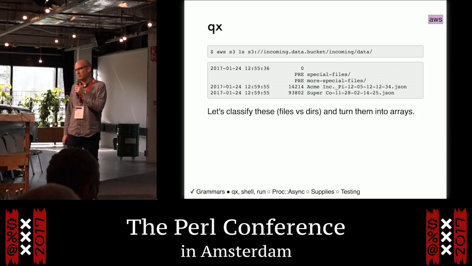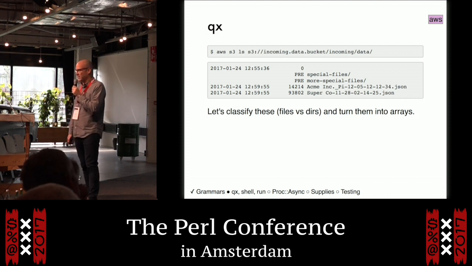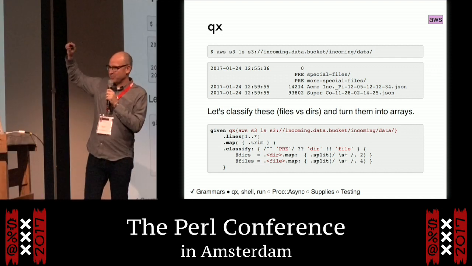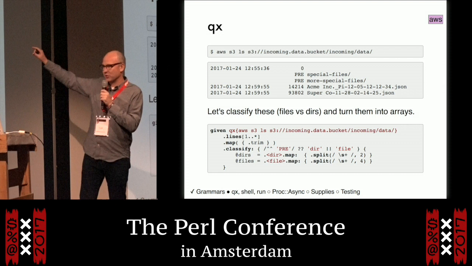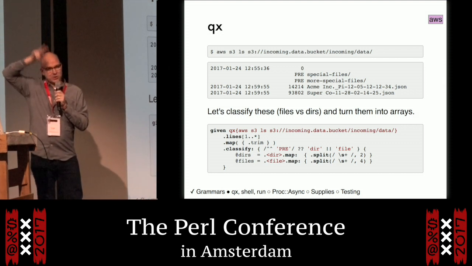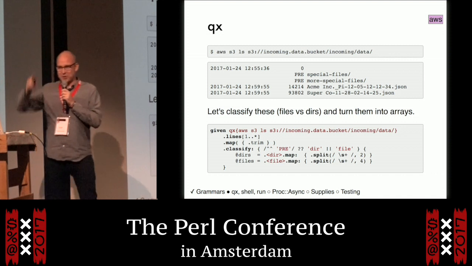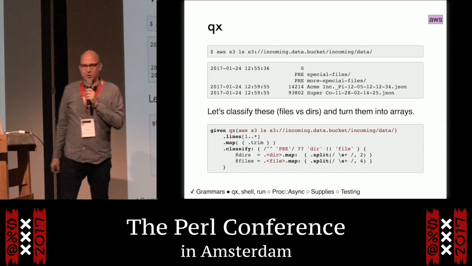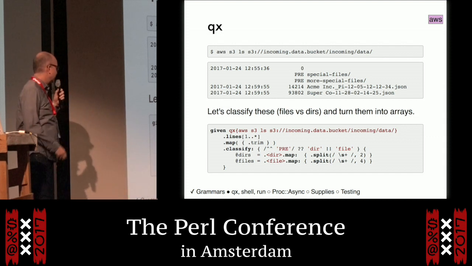And there's a really nice built-in command in Perl 6 called classify. Classify takes a list, and essentially it turns it into a hash. It says, you tell me how you want me to turn this list into a hash. Give me a bunch of keys, and then I'll put them into the corresponding key of the hash.